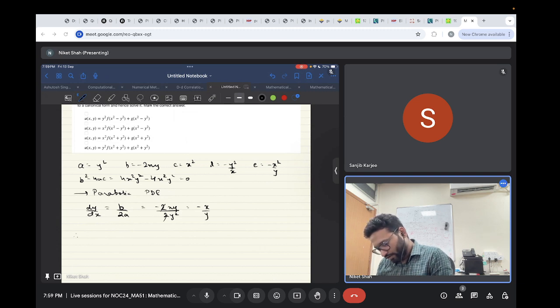So therefore, y square by 2 is equal to minus x square by 2 plus constant c1. So basically this is of the form x square plus y square is equal to some c1.